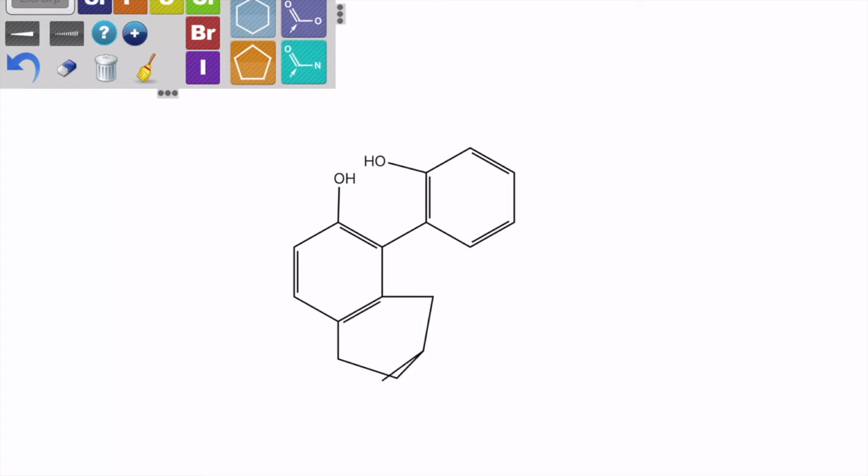There we go. No. How do I do another benzene ring? I'm really wasting time. How do you like that hexagon?